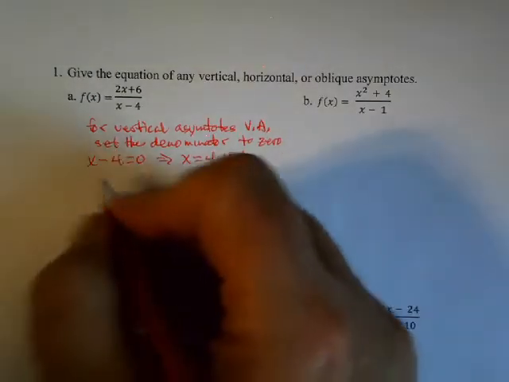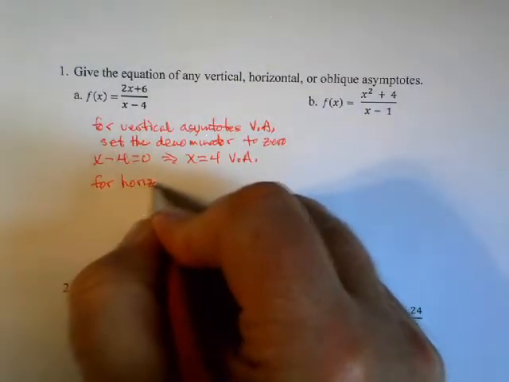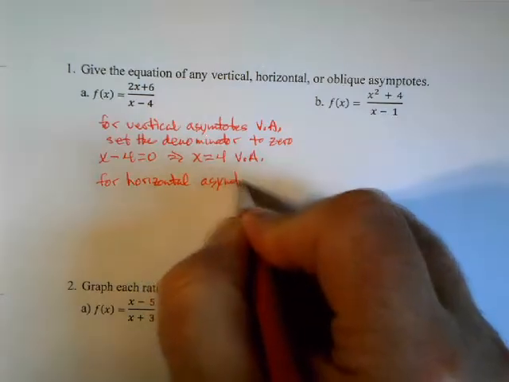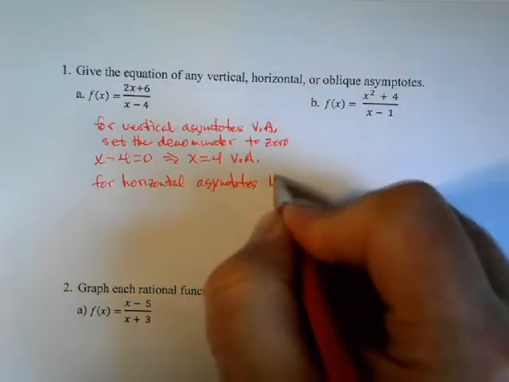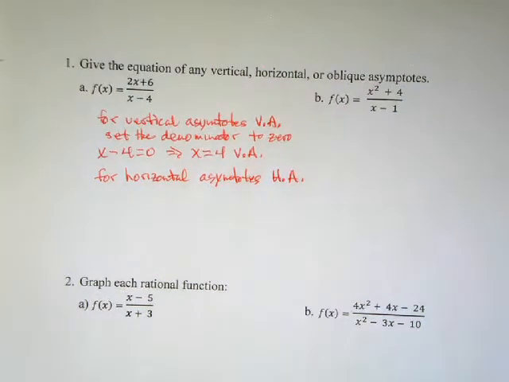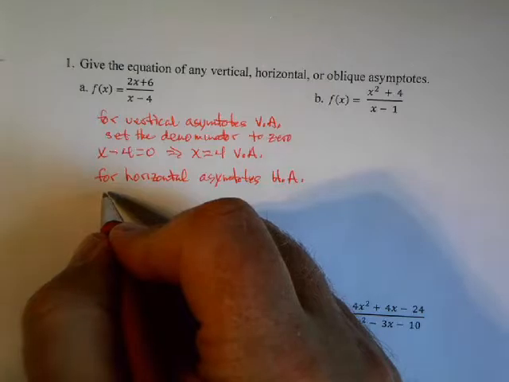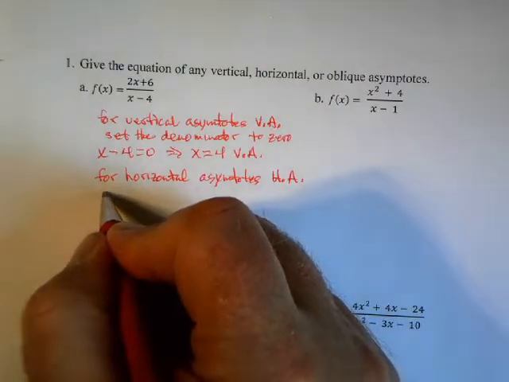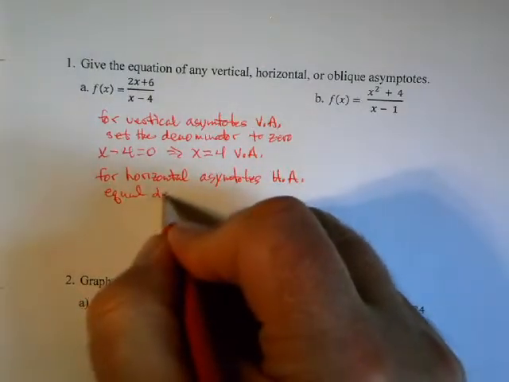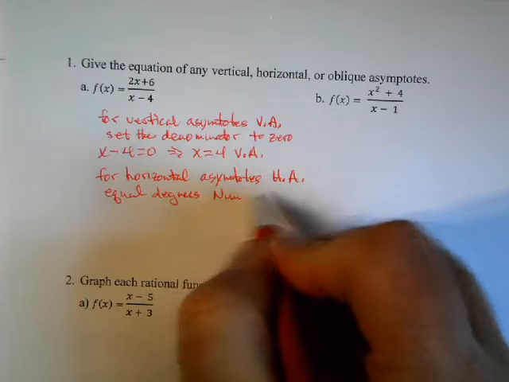Now, for the horizontal asymptotes, which I'm just going to call HA, where you have equal degrees for the numerator and the denominator.